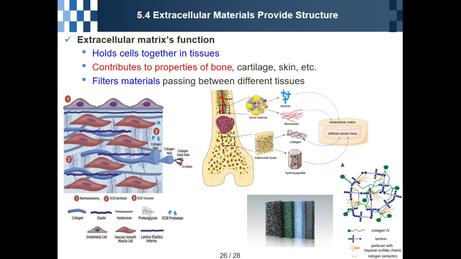Because they are composed of lots of collagen like this, but they have holes like this, it functions as a filter. So large molecules cannot pass through this filter, okay? Only small molecules can pass like this.